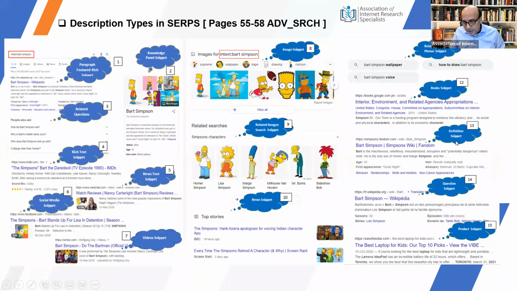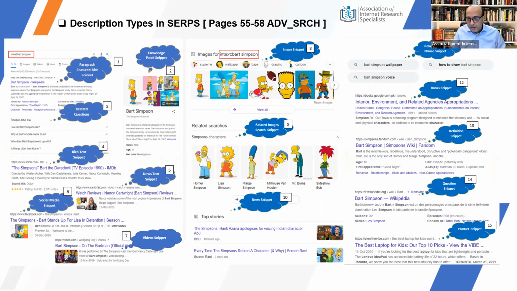Even definition snippets. There could be a snippet which is more focused on definition. It is all going to be triggered by the nature of the search term that you're using, in combination with the in-text colon.